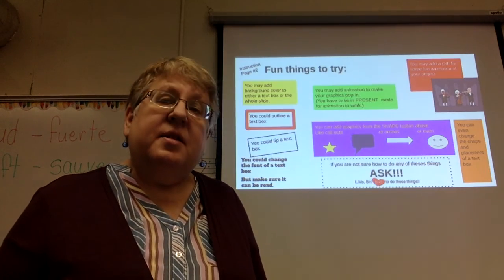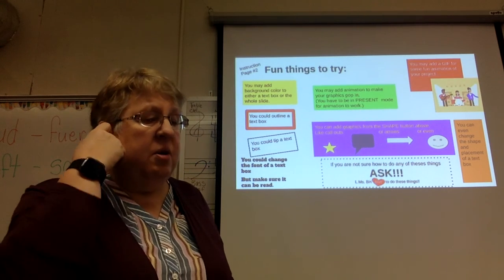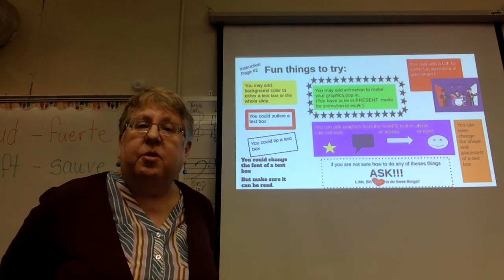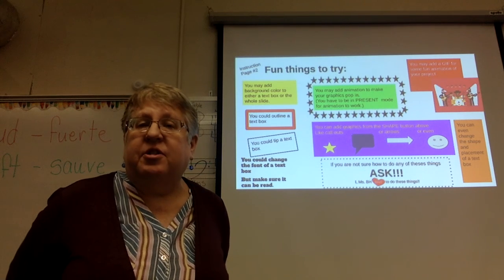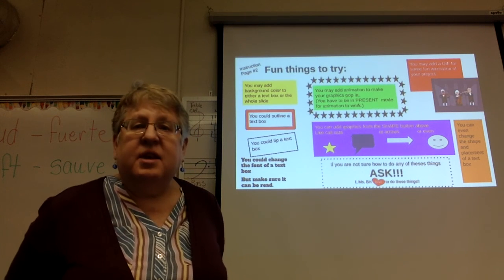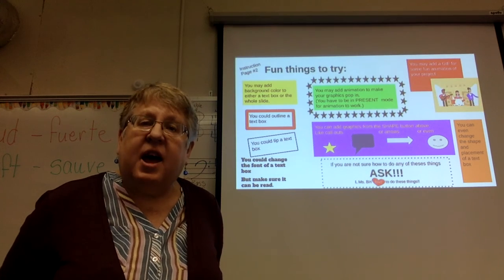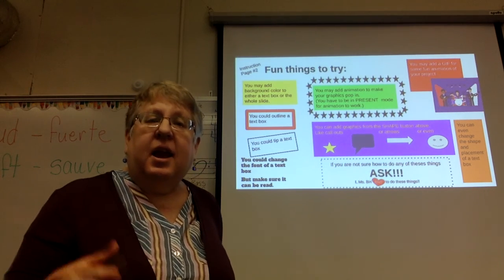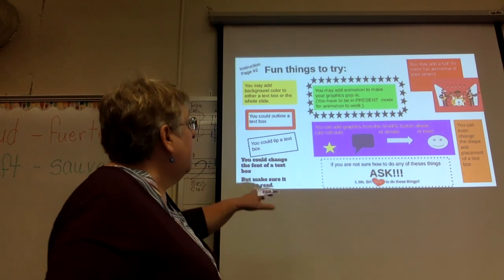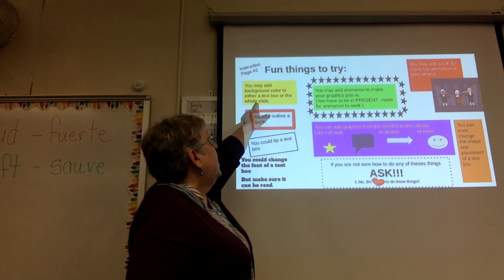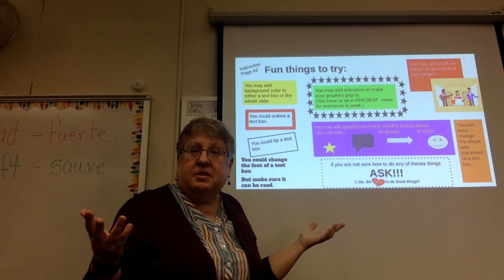Okay? The second slide is one that you may remember from last year, and this is helping you to understand all of the different things that you could do in slides. Let me go back again, and we're going to talk a little bit here, and then I'll go back. One of the things you can do is you can color a text box.